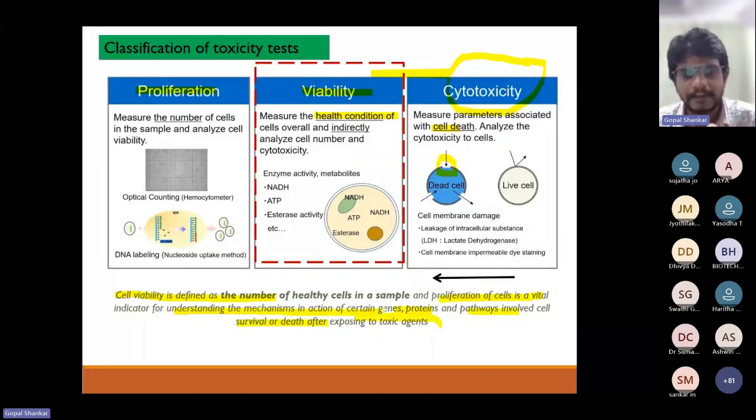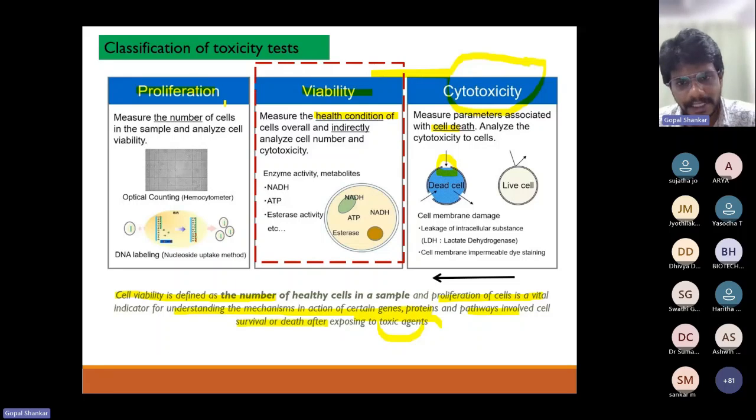Let's say that I have an anti-cancerous drug and an anti-cancer cell line with me. So when I put this anti-cancerous drug with the cell line, obviously these cell lines have to die. The dosage of this anti-cancer drug will determine the death of these particular cells, because again, dosage we have to fix. So this is basically cytotoxicity, where you try to understand the viability or proliferation.